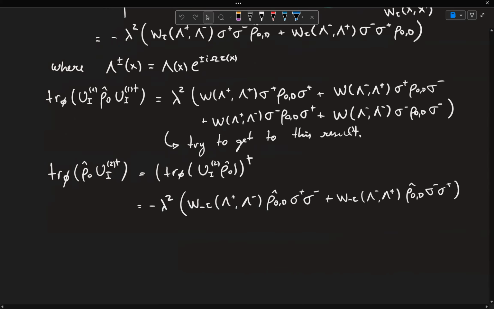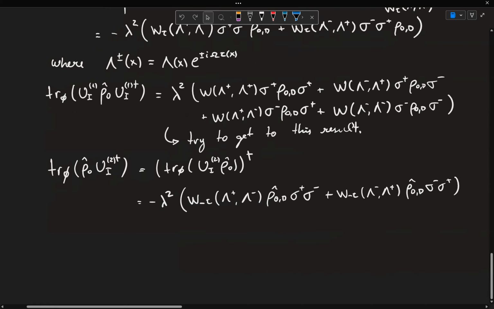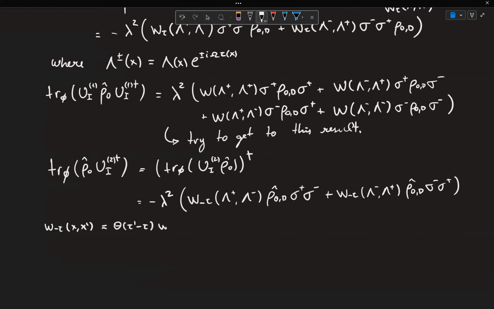Just needed that parenthesis. And remember that the W minus tau of x prime was defined as being theta of tau prime minus tau times the W of x prime, comma x.